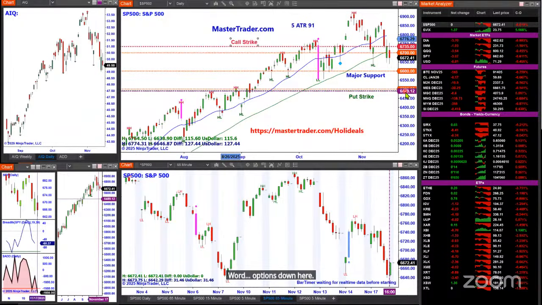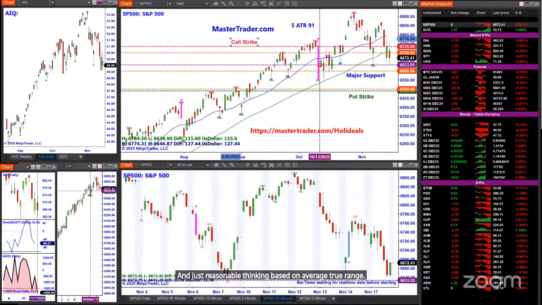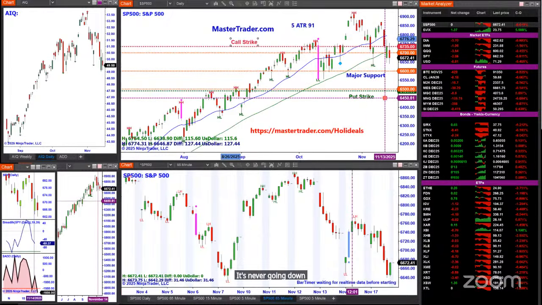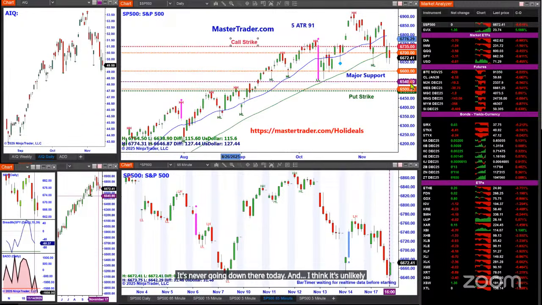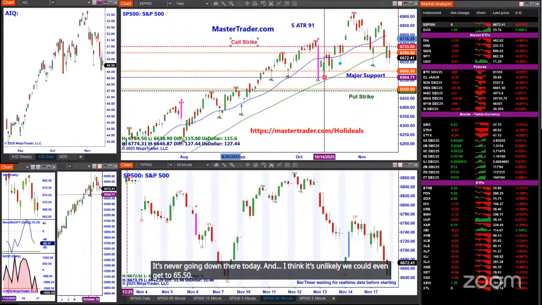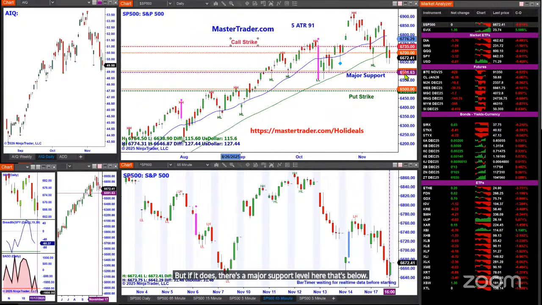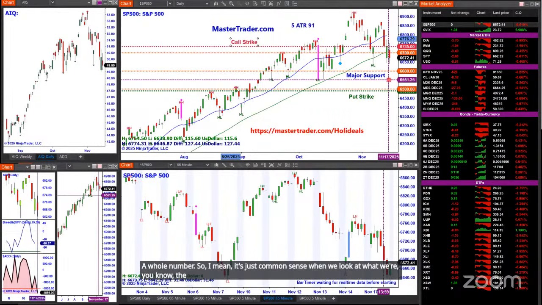Just reasonable thinking based on average true range and support levels would lead me to think whole numbers, it's never going down there today. And I think it's unlikely it could even get to 65.50. But if it does, there's a major support level here that's below a whole number. So, I mean, it's just common sense when we look at the information that we have to view. And from there, we'll see what unfolds.